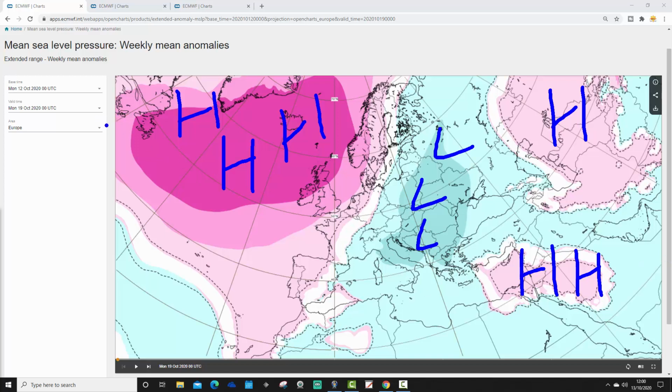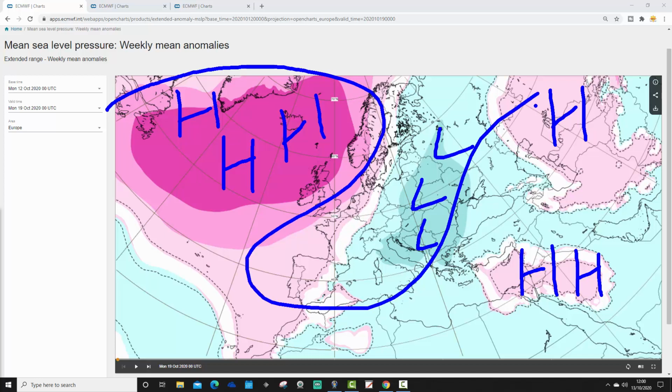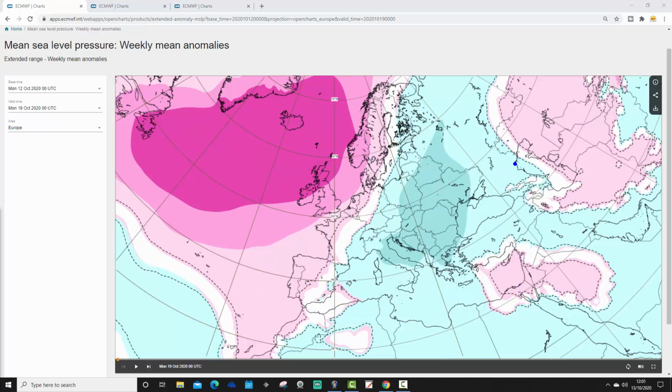So for the flow and for the jet stream, it means that much of northern and western Europe is going to be seeing northerly influences with wind direction in the week ahead. Conversely, on the east side of Europe, we're drawing up southerly winds in the week ahead from the 13th to the 19th of October.